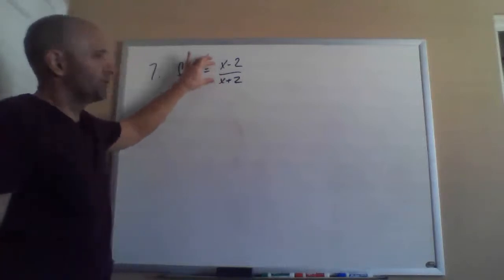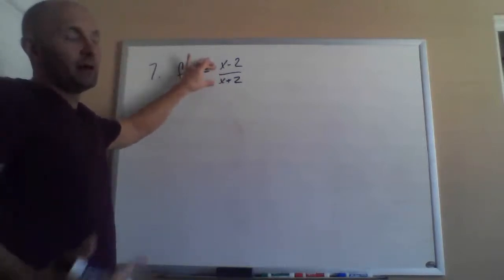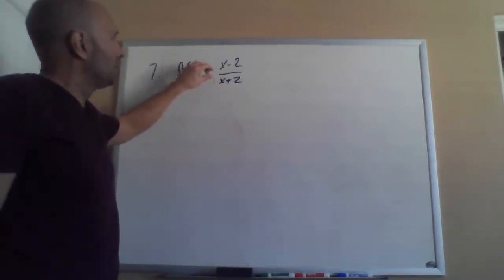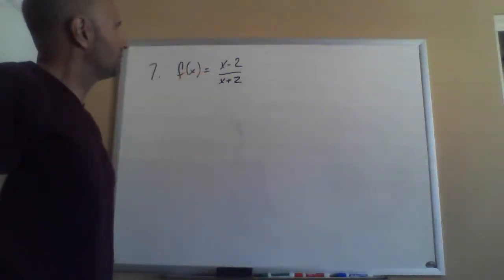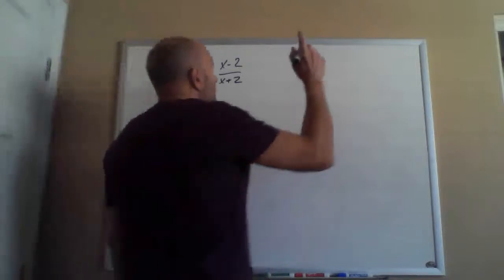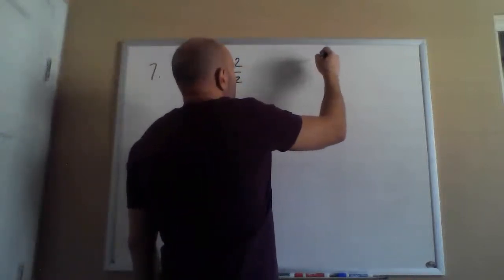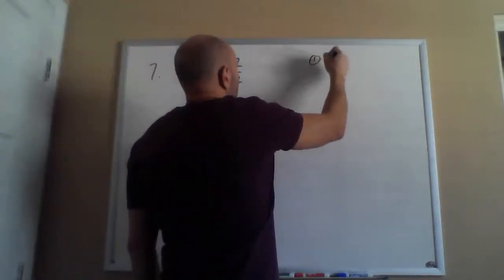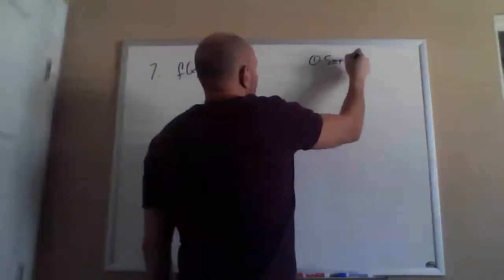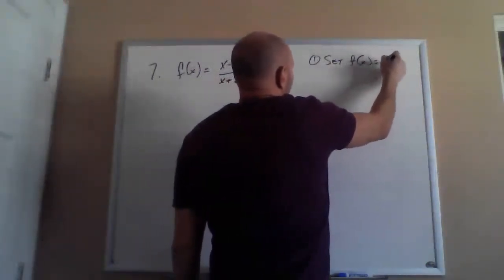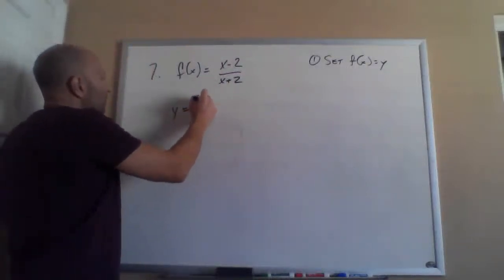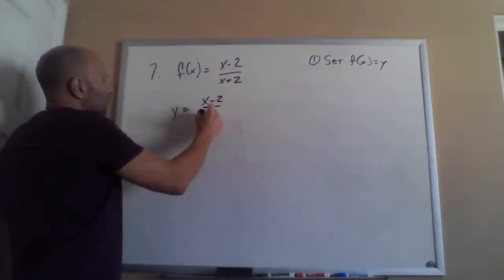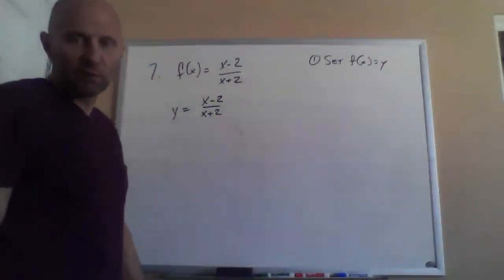This is a rational function, which we're going to see in 3.7, but it's basically a fraction of two polynomials. First thing we're going to do, obviously, is set f of x equal to y. So none of that has changed. So this becomes y equals x minus 2 over x plus 2.